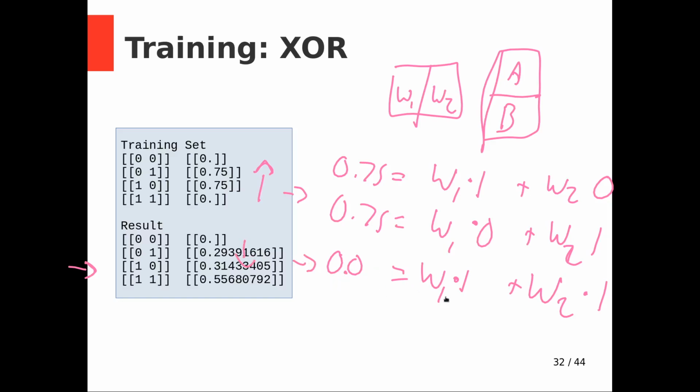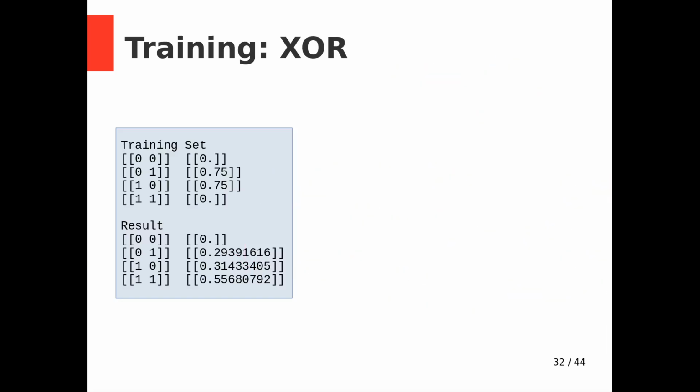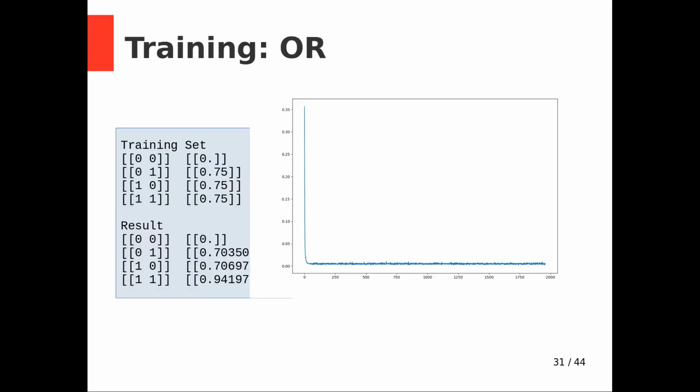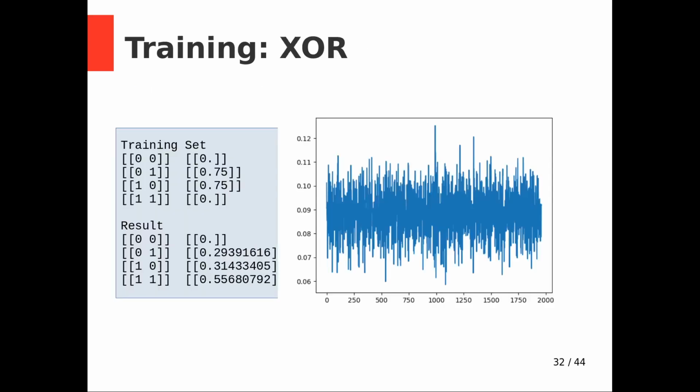Because these weights, W1 and W2, have to both be 0 to make this rule work, but they have to both be 0.75 to make this one work. And so both of those updates pull the network in different directions, and it goes nuts, right? It does that, and that's just kind of the best it's going to get.